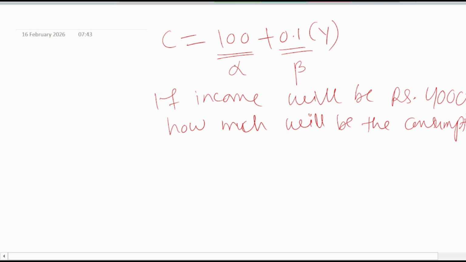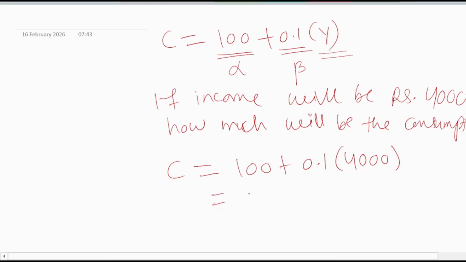Simply we can replace the value of income in this estimated equation, and we can easily find out the estimated value of the consumption. Now C will be equal to 100 plus 0.1 into income, that is 4,000.